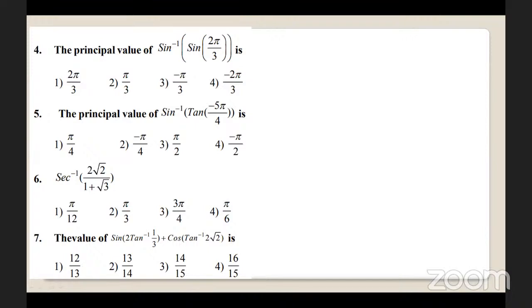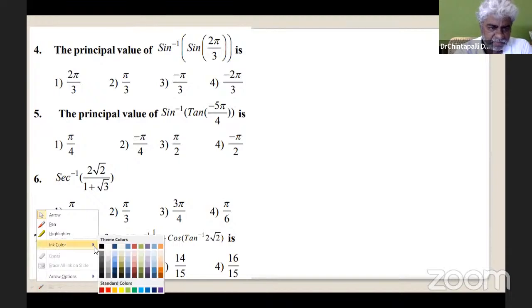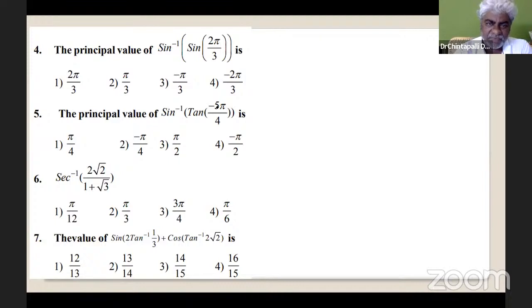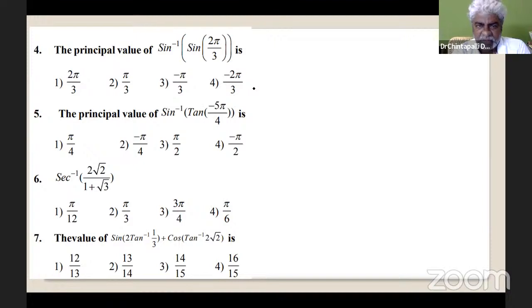Yes, sir. Now let's do the fifth. Do you think minus 5 pi by 4 is in its interval or not? Minus 5 pi by 4 is not in the interval of the tan function, right? Without knowing the domains of any function, we can solve it.